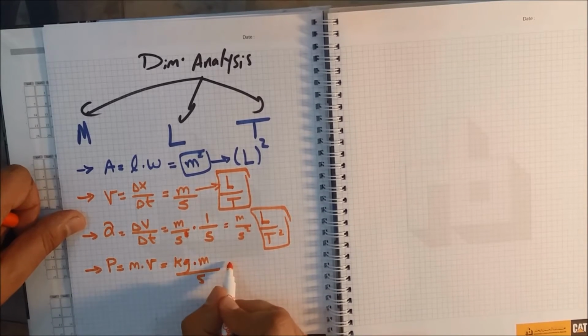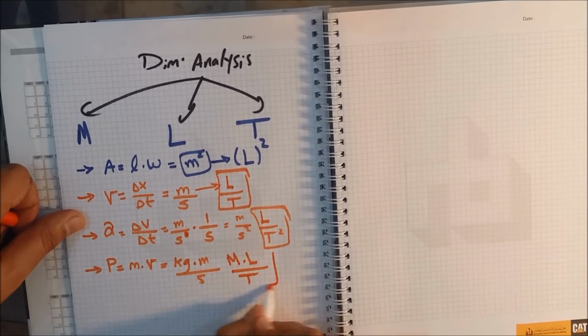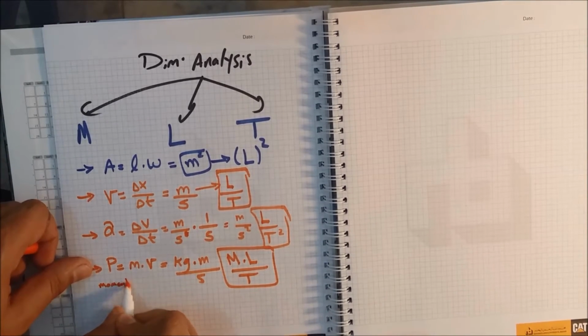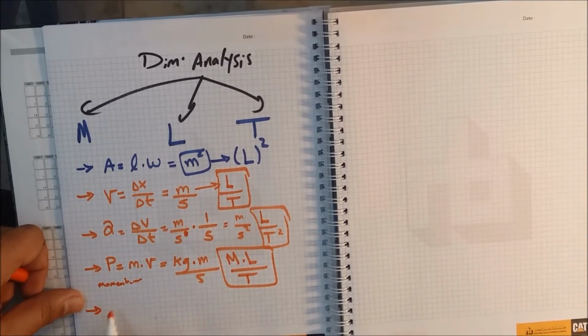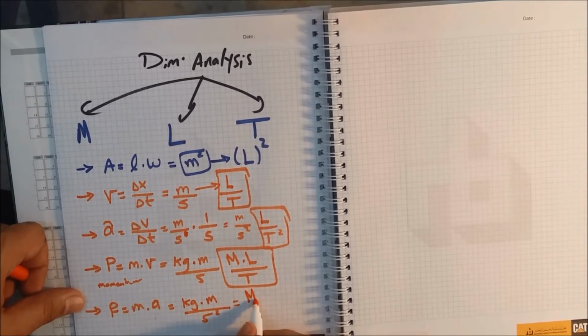So kg is a mass, m is a length, s is time, so ML over T is the dimensional analysis for the momentum. Force, for example, is equal to mass times acceleration, so it is m times a, which is kg multiplied by the unit of acceleration, if you do remember, wonderful, meters per second square. So it is equal to ML over T square.